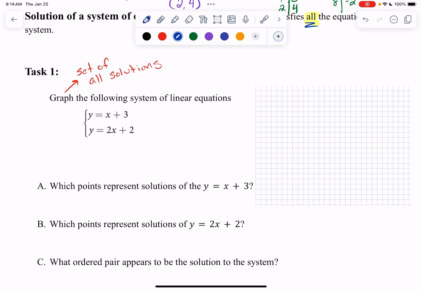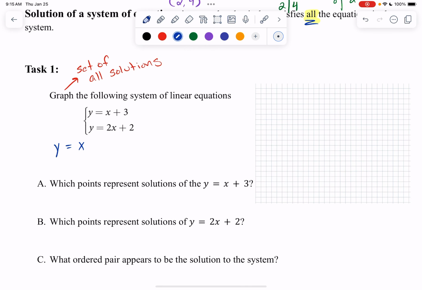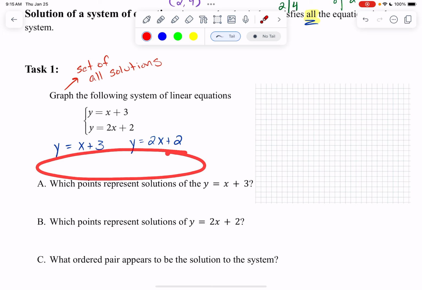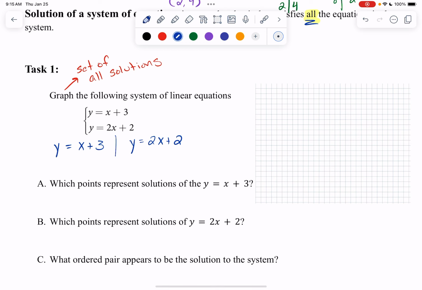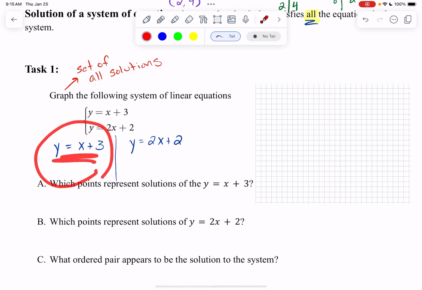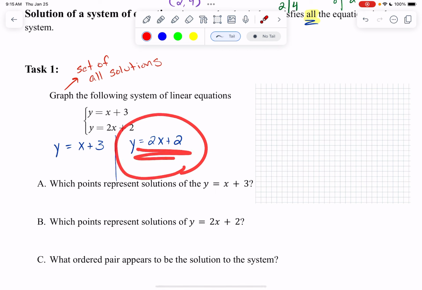Oftentimes when I write them down on my paper, I write them next to each other instead of on top of each other, because that way I can write stuff below them and it doesn't interfere. Sometimes I'll even put a line between, so anything I write over here pertains to this equation, and anything I write over here pertains to this one.